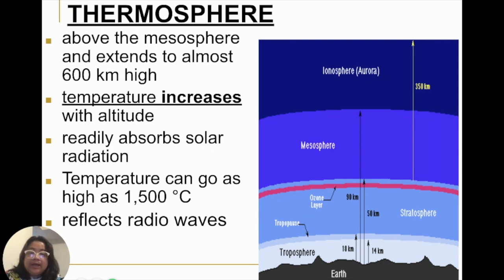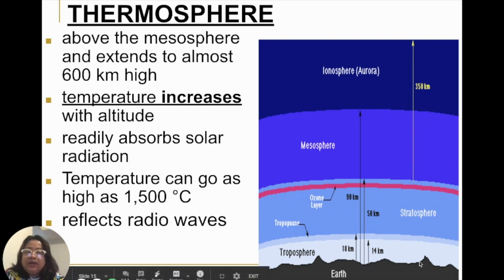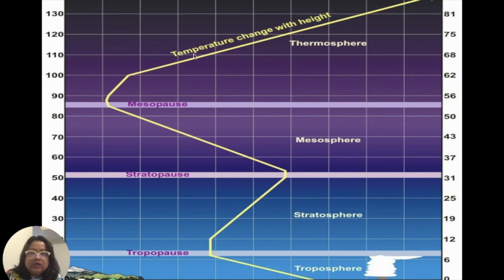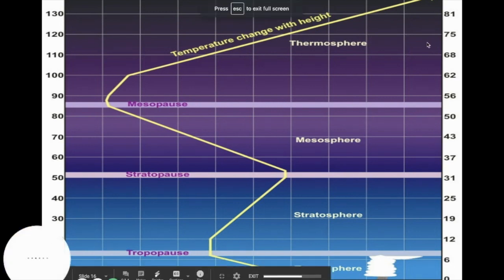Temperature can go as high as 1500 degrees Celsius. Imagine that. That is so hot. It reflects radio waves in here, meaning satellites can also be found in the thermosphere. Like what I've said, the temperature increases as the altitude increases. So the temperature changes with height.